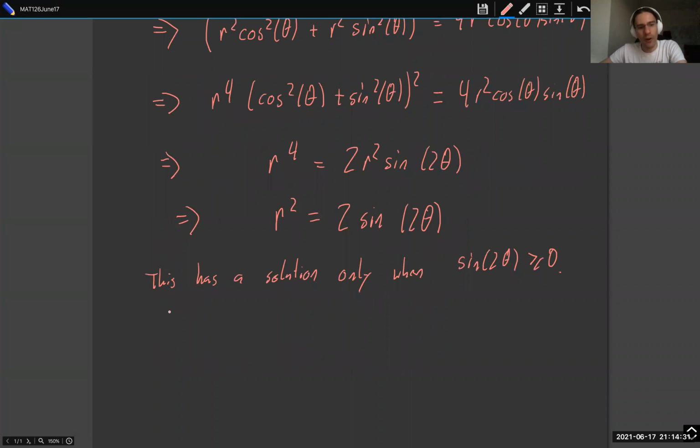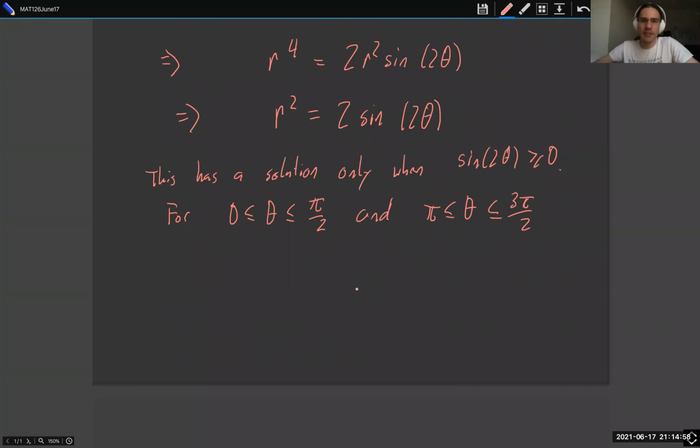For example, 0 is less than or equal to theta is less than or equal to pi over 2, and pi is less than or equal to theta is less than or equal to 3 pi over 2.